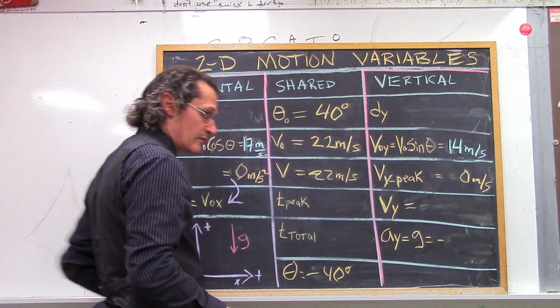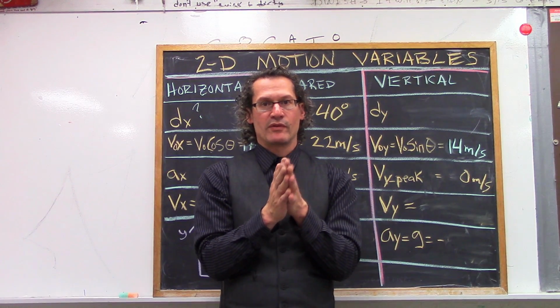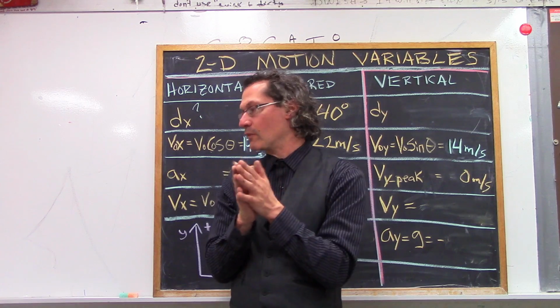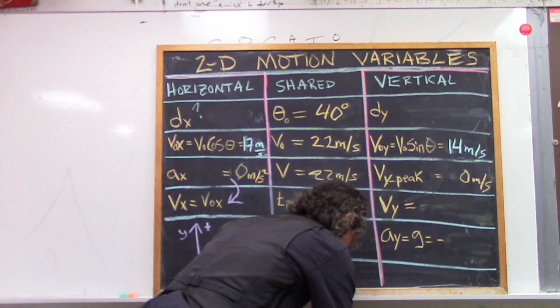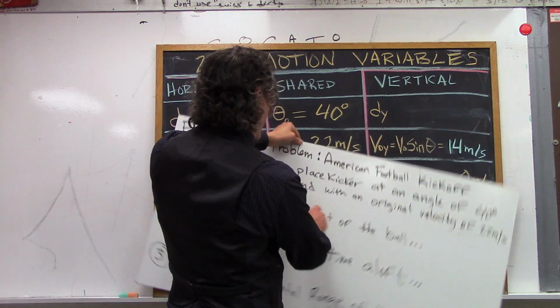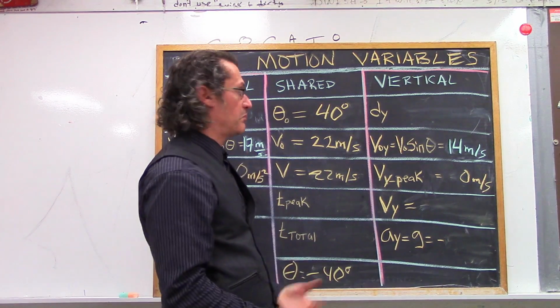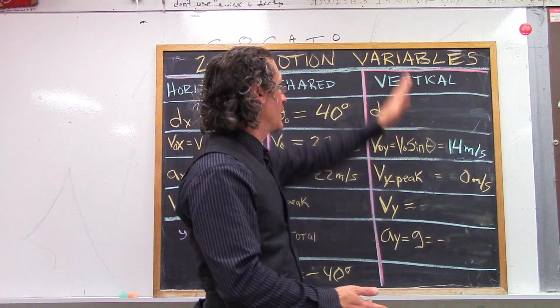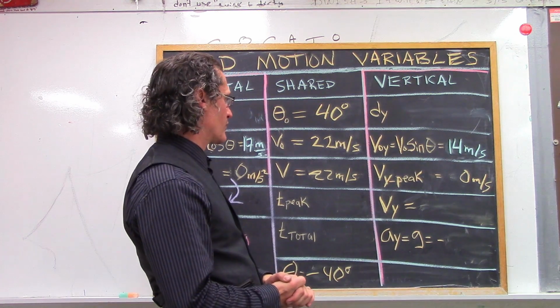So the first question was asking us how much time was the object in the air? No, it was peak height. Let's go look for a moment over here. What does it say? We're going to have to answer both anyway. Oh, peak height of the ball. We're going to find the peak height. So height obviously means vertical, and we're going to spend our time over here at the vertical side.